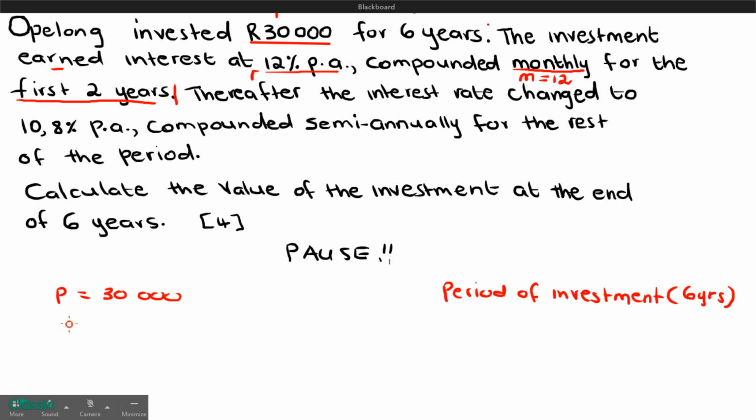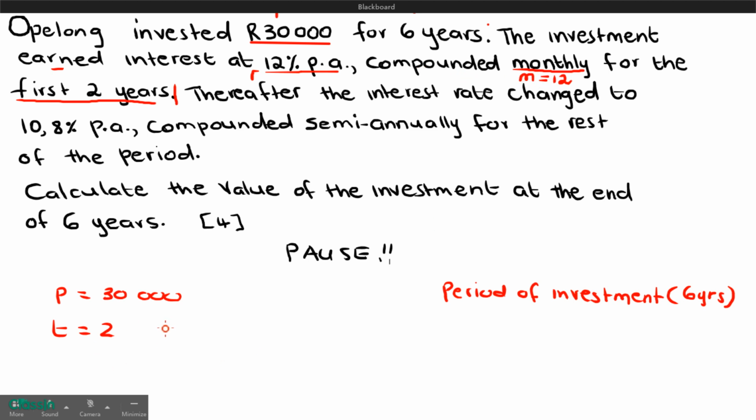So what are the first 2 years? What is our T? The first 2 years, our investment and interest got 12% per annum when it is compounded monthly.